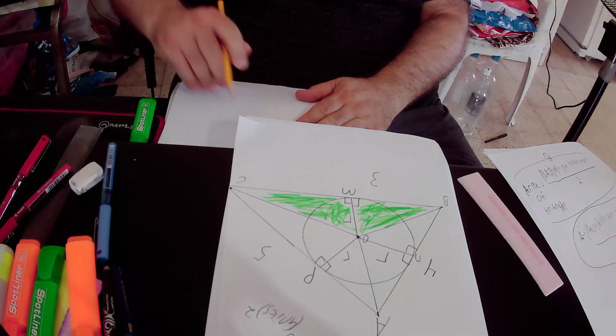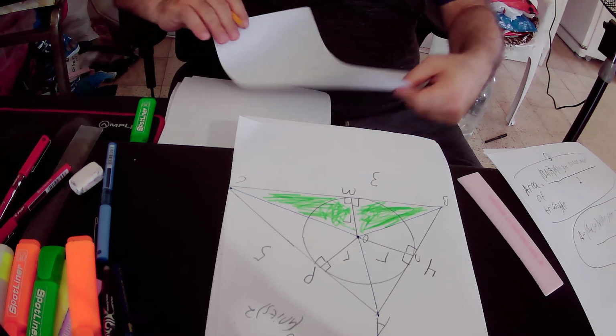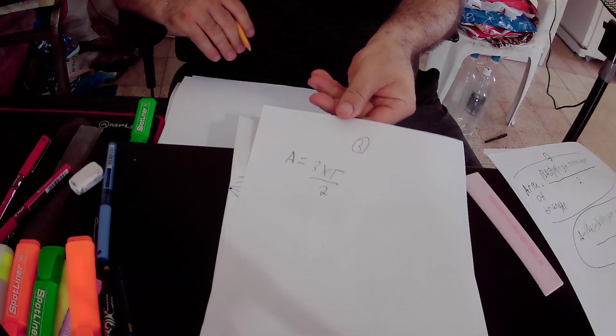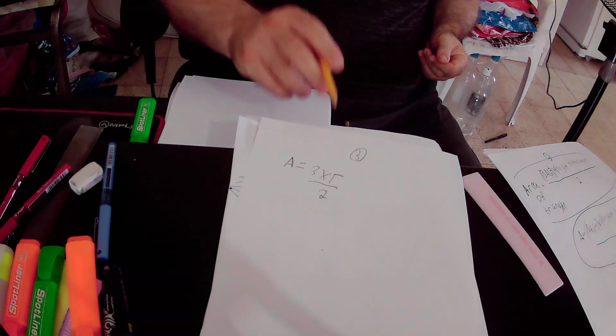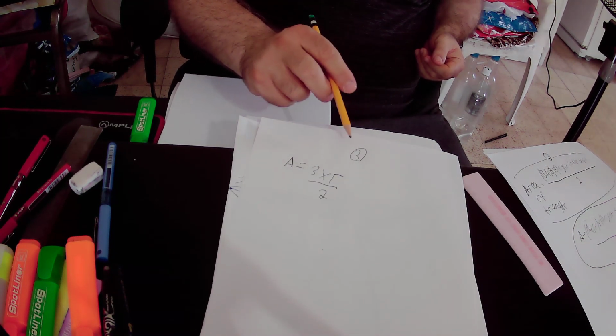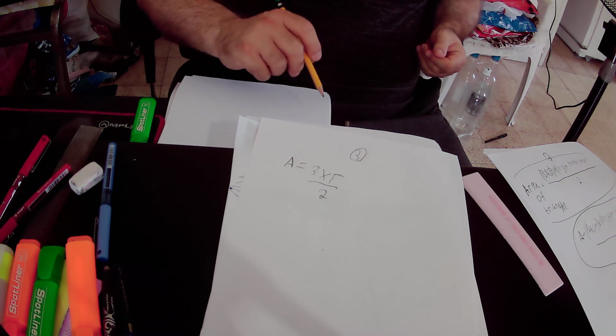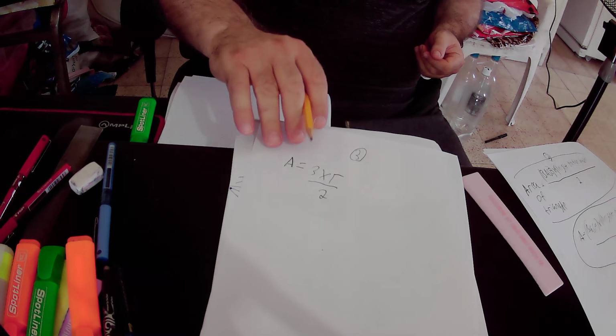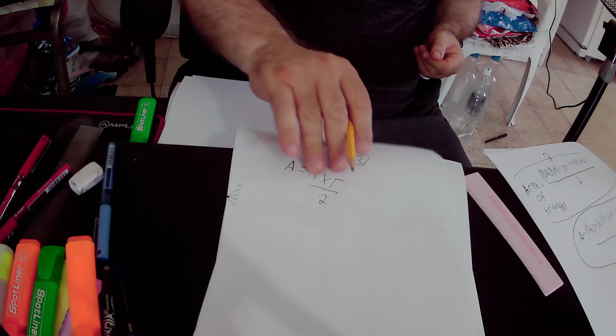Okay, again, the area of the green triangle equals the base of the triangle, that is 3 units, times the height, that is the radius, divided by 2. 3 over 2 is 1.5. So I will write it down.